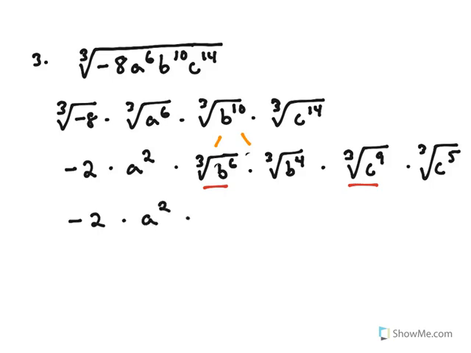The cube root of b to the 6th power is b to the 2nd power. This we can't take the cube root of. Actually, we could. We can break that down.